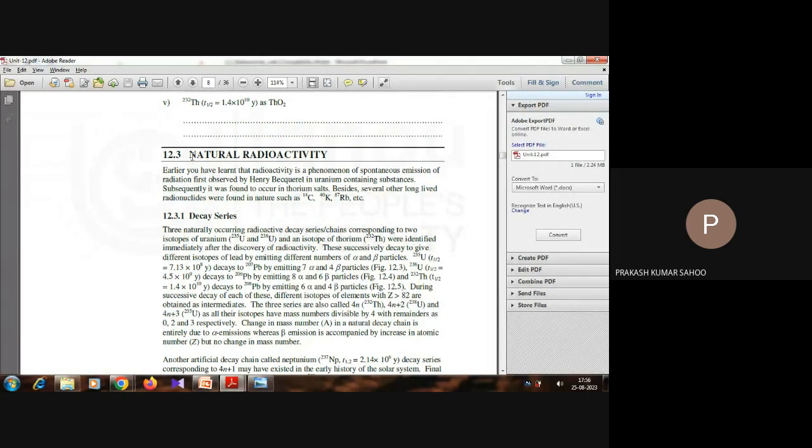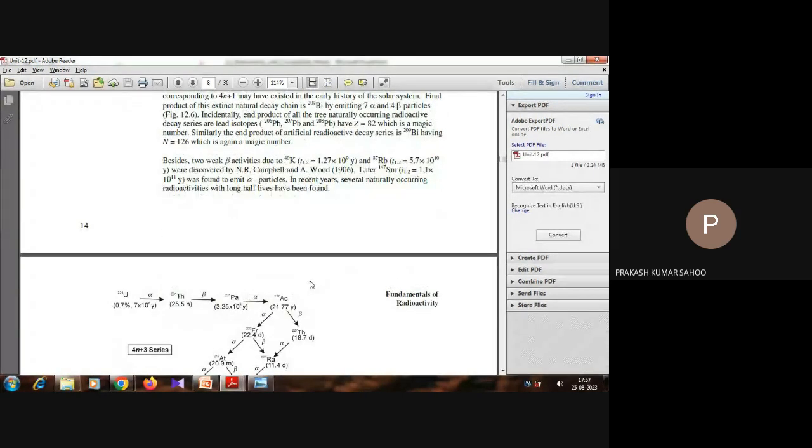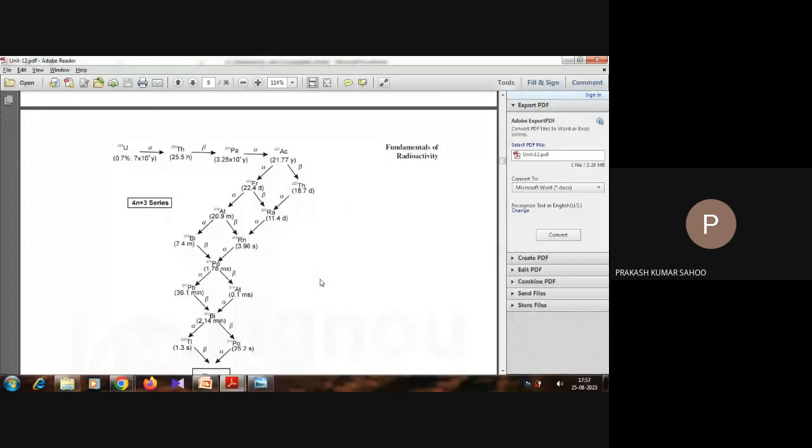Let's have the two types of radioactivity: natural radioactivity and artificial radioactivity. In natural radioactivity, we have some series that involve the emission of alpha, beta, and gamma rays. This is the series of 4n plus 3, from uranium 235.